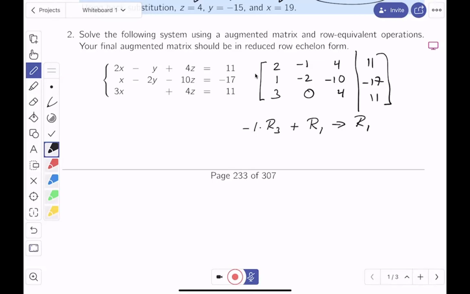Let me write that down for you. -3, 0, -4, -11. That's -1 times row 3, by the way. And row 1 is 2, -1, 4, and 11. Let's do this. What do you get? -1, right? That's not so bad, right? Let's see, -1, 0, and 0.